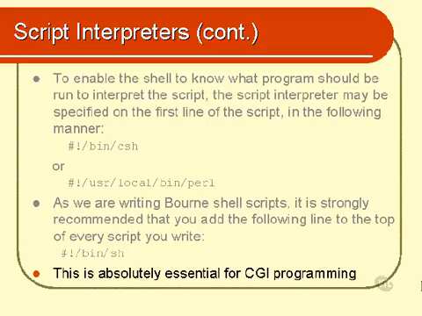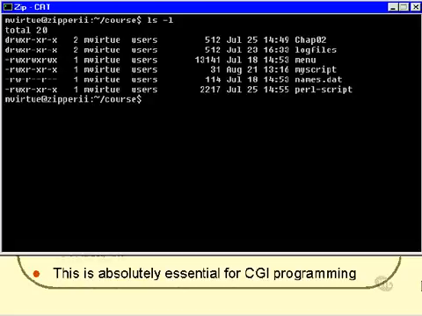I'll just give you a brief demonstration of that. In this directory I have a script called Perl-script. This is a script written in the language of Perl, not written in the language of the Bourne shell. Now, it's still an executable file, so theoretically I should be able to execute it. So let's try that.